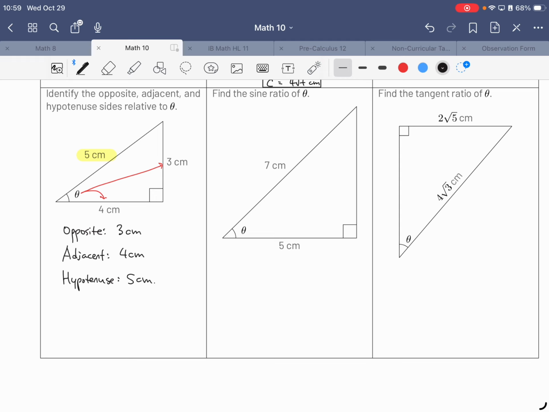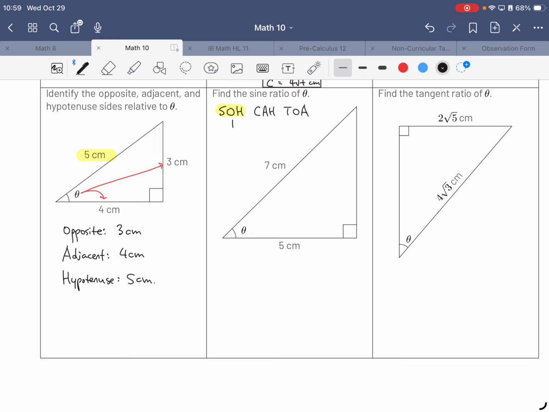So first thing I need to know is the mnemonic, SOHCAHTOA. Obviously we're looking for sine, so that's the SOH. So what does the acronym SOH mean?